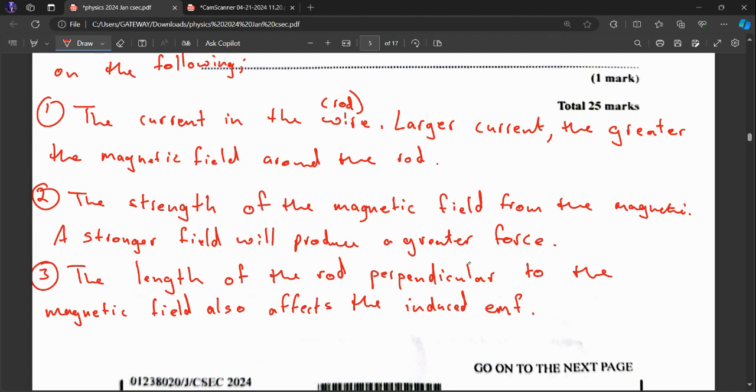So a longer rod will experience a higher EMF compared to a shorter one. Very important to know.